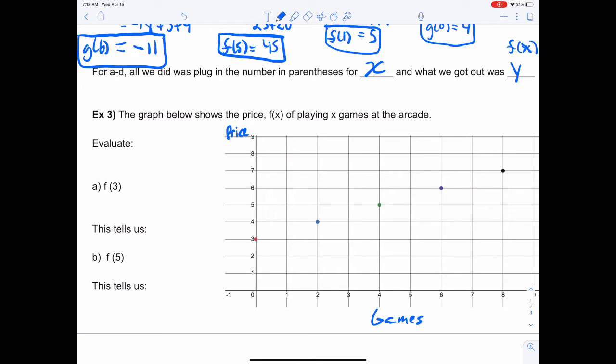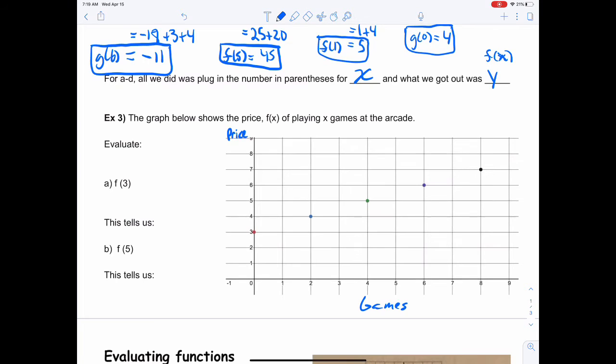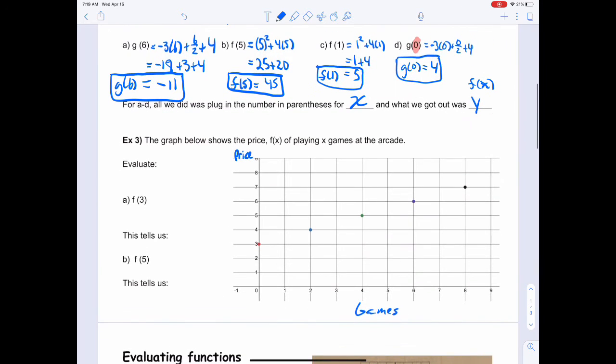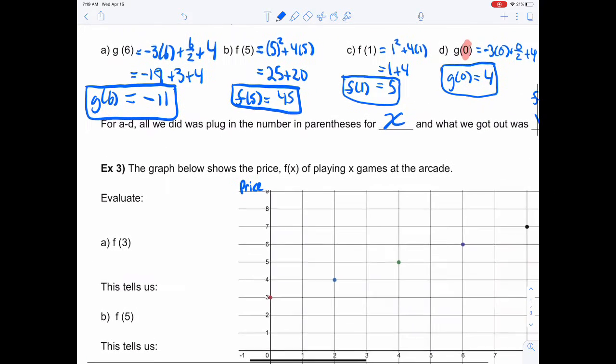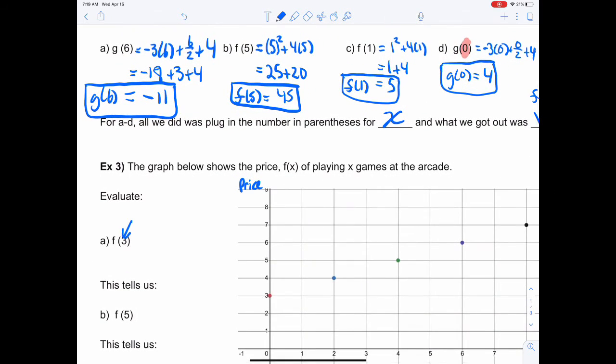Okay. So f of 3. How are we going to do this? This is a graph. We can't really plug in 3 for x. But wait, if you look up to what we just did, what we would normally do with that 3 is plug it in for x.